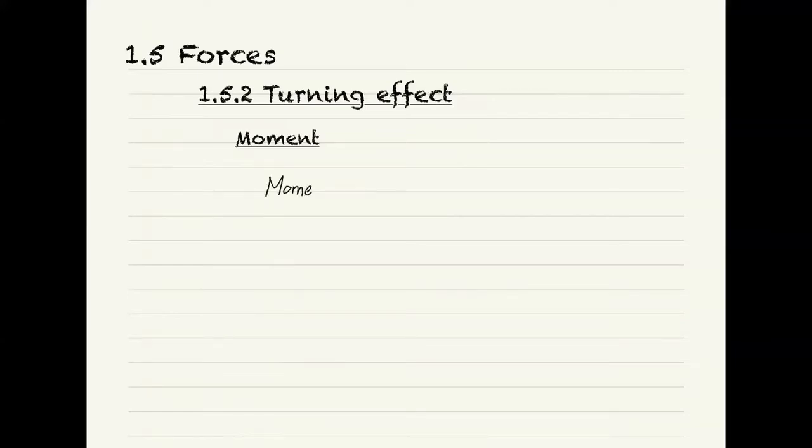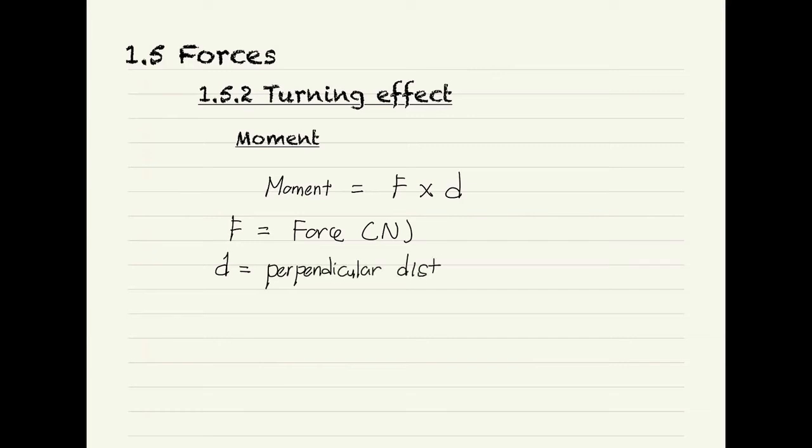Moment will be equal to F times D. F means the force with the unit Newton. D is perpendicular distance from pivot, or sometimes we also can write as perpendicular distance from turning point.